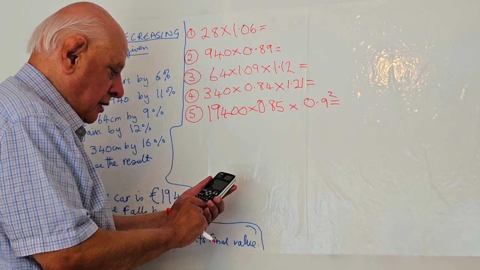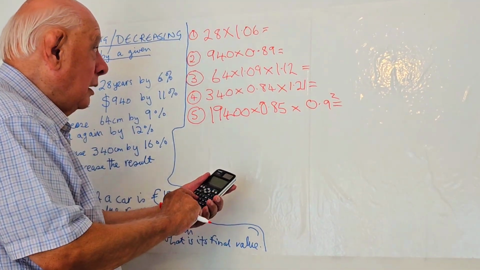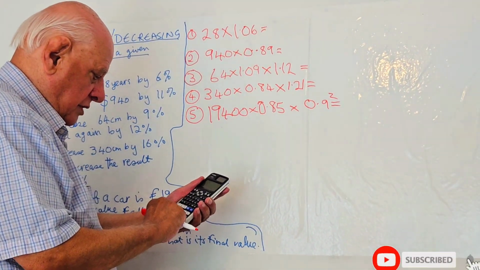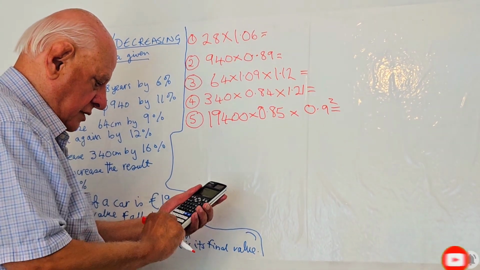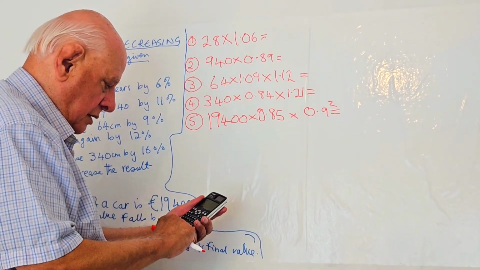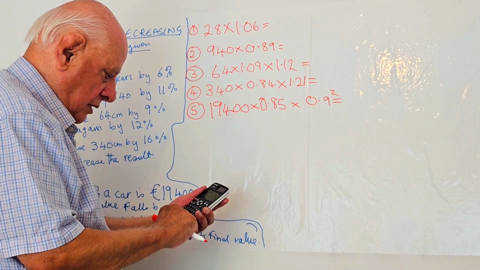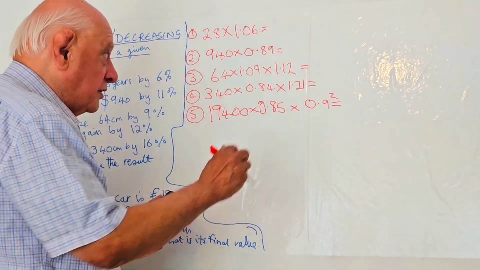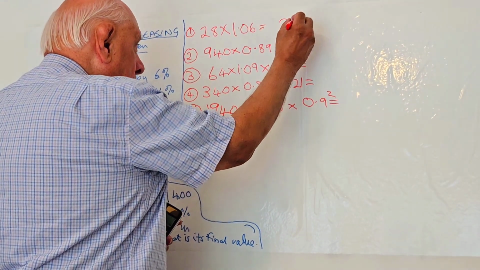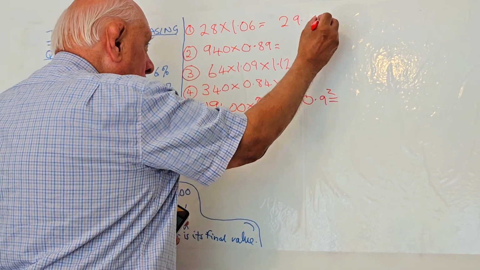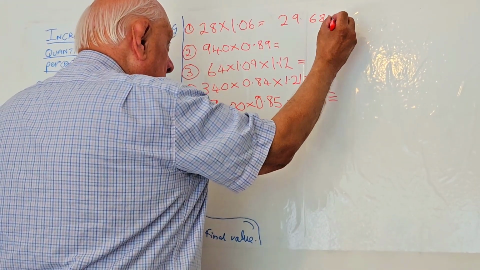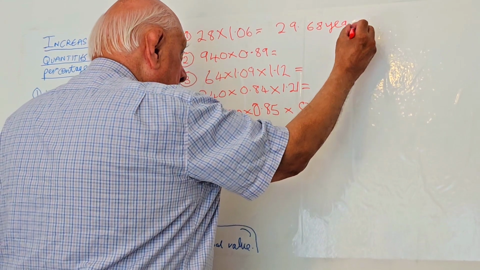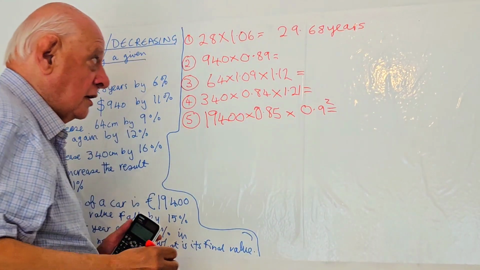So for the first one, 28 times 1.06 is 29.68. And what was that? That was years. So that is years, nearly as old as I am.